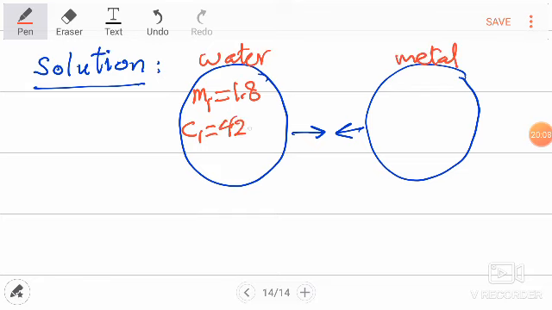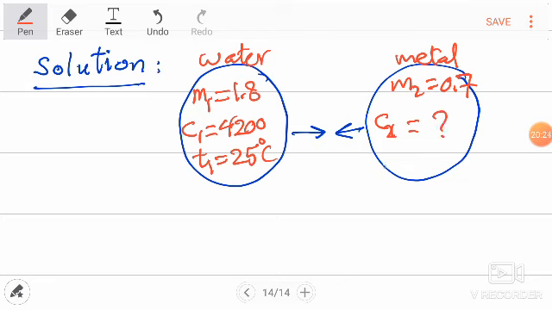C1 equals 4,200 and T1 equals 25 degrees Celsius. Mass M2 equals 0.7 kilogram. C2 unknown and T2 equals 90 degrees Celsius. And the final temperature TF equals 30 degrees Celsius.